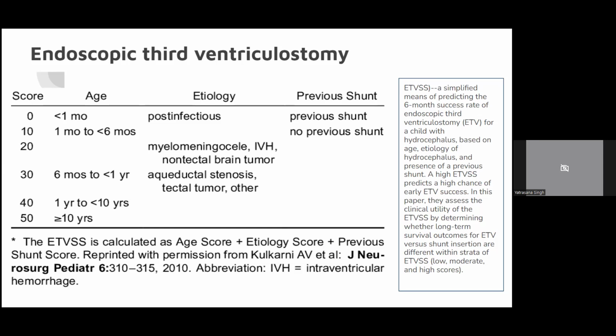It is based on the child's age, the etiology of the hydrocephalus, and whether or not they had a previous shunt. In this paper by Kulkarni et al., they assessed the clinical utility of the success score by determining whether long-term survival outcomes for the endoscopic third ventriculostomy versus a shunt insertion were different for different strata, that is low, moderate, and high scores.